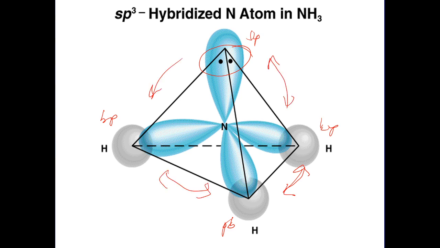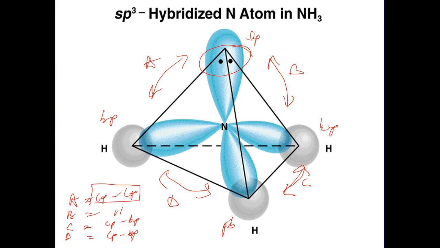Now, let's say this is A, B, C, and D. We know that A is lone pair, lone pair. B is the same. C is a lone pair, bond pair. D is lone pair, bond pair. Then we know that these are greater. So meaning A and B will have greater repulsion as compared to C and D. What does that entail?